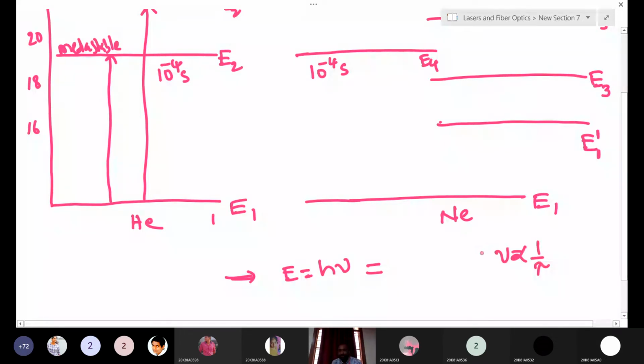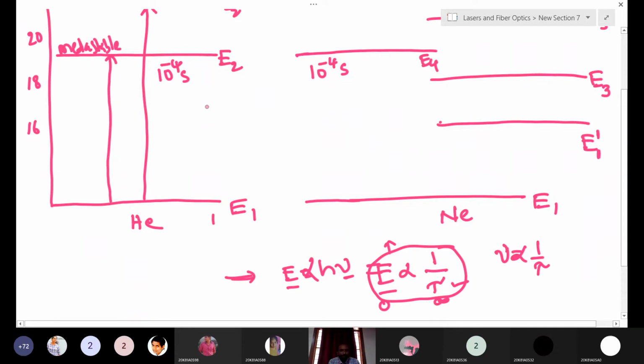E is proportional to the frequency nu, and so E is inversely proportional to time period. That's why when energy is less, lifetime is higher. For the ground state, energy is zero and lifetime is infinity. If energy increases, lifetime will decrease. This is the relationship between energy and lifetime. That's why we say the ground state has infinite lifetime.